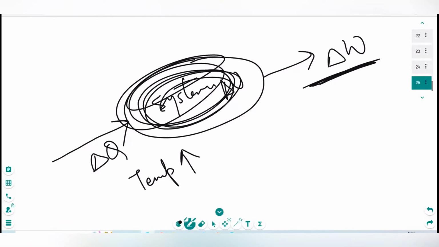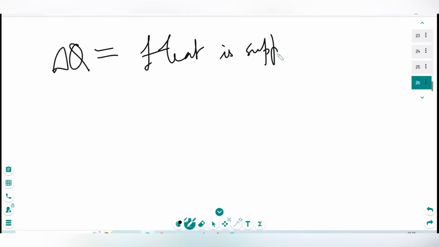Now, del Q, what I said, it is heat. You have to take this into consideration with too much importance, because you will find numericals where you will see on the system, by the system, and so many things. So heat is supplied to the system.